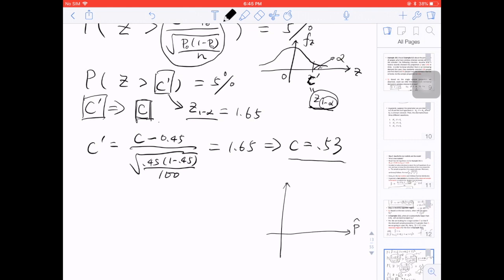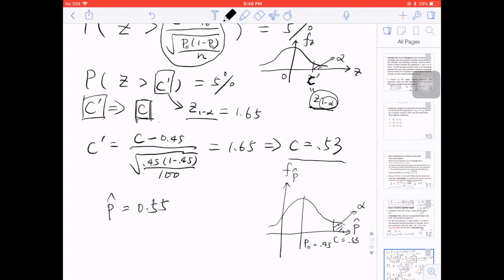You have p hat and its density. This is p0, which is equal to 0.45, and this is your critical value c, which is equal to 0.53 here. You want this area to be 5%, and the observed sample statistic p hat is equal to 0.55.